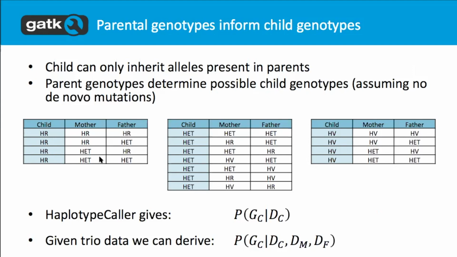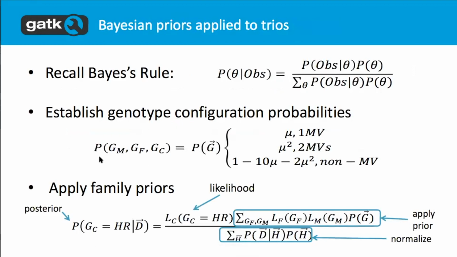And these are all the possible combinations. We're going to use this enumeration of possible combinations to, and again, I don't want to get bogged down in the math, but the idea is to calculate what's possible versus what's a Mendelian violation.